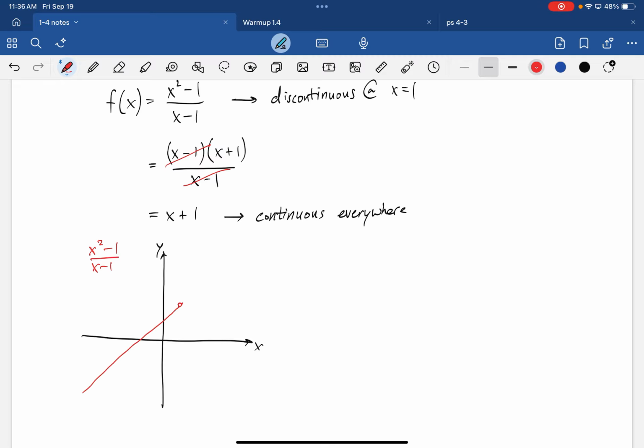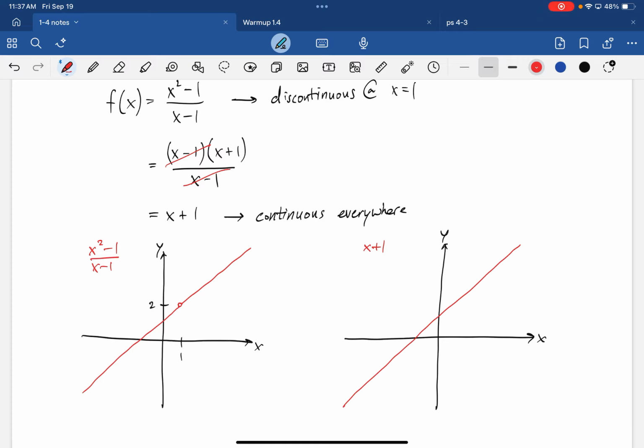So the graph would look like this. 1, 2, the hole is there. But if we rewrote the function by simply canceling out the denominator, the graph is not quite the same, but very similar, right? It's pretty much the same, except now it doesn't have a hole anymore. So that's why we call it a removable discontinuity.